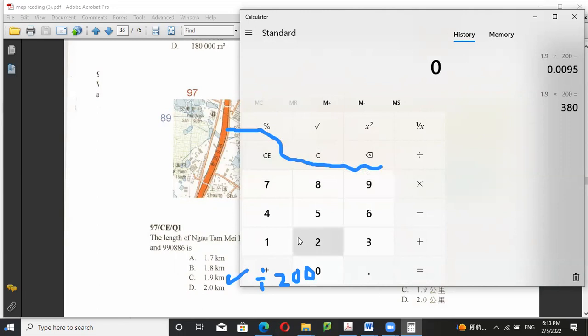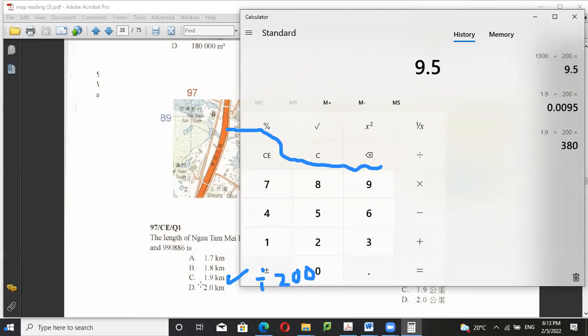Let's see, it should be the first one, let me think. Oh wait a minute, let me do it like this. Mr. Learn Mathematics is poor. Okay, it should be like this. This one is right. You can measure around 9.5 cm.